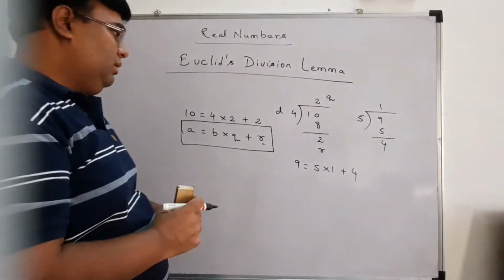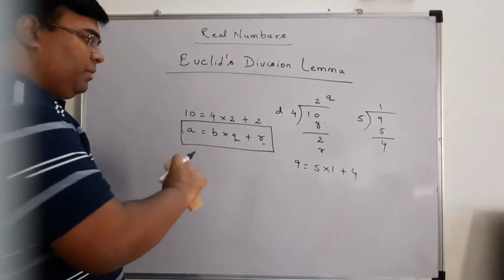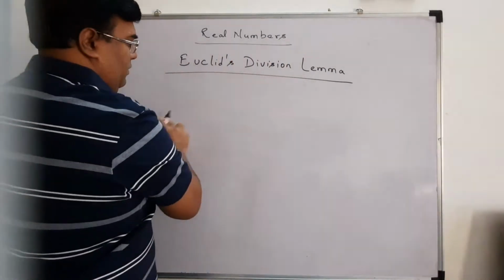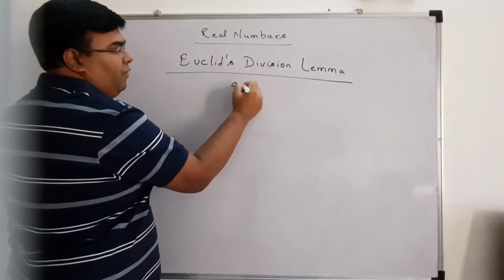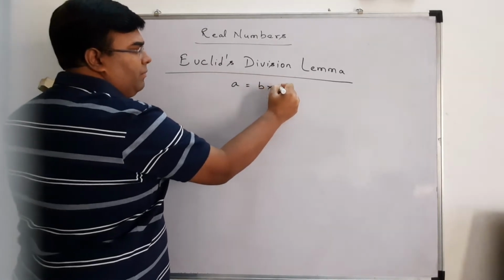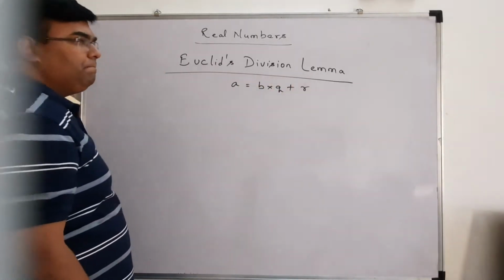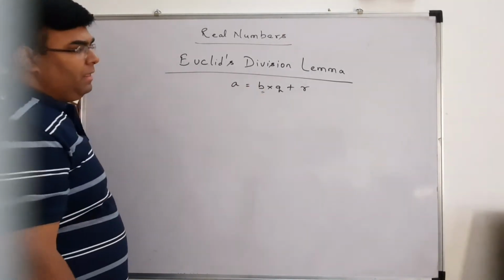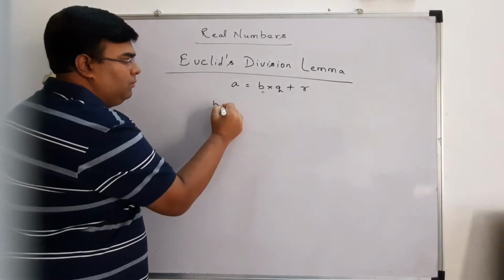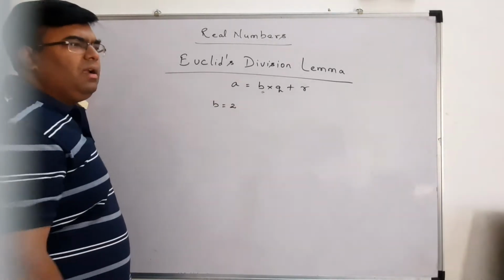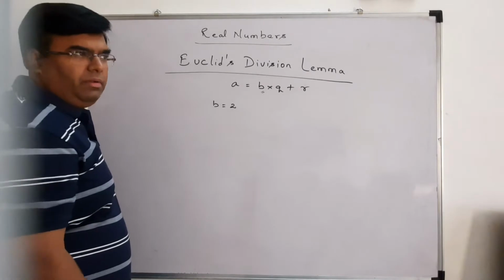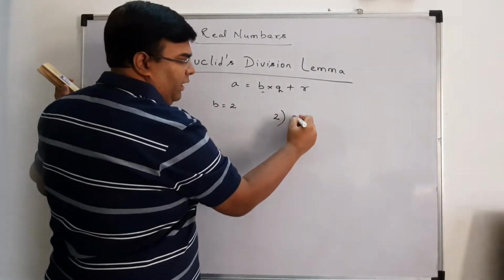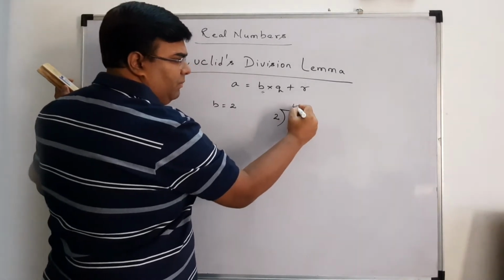This form is clear. Let us write this form again, BQ plus R. Now let us take this B as 2 and start dividing any number. Suppose I divide 9, what will happen?